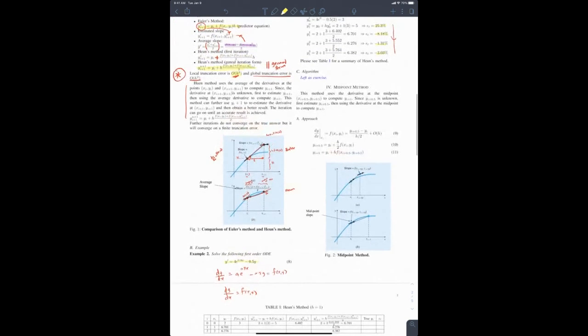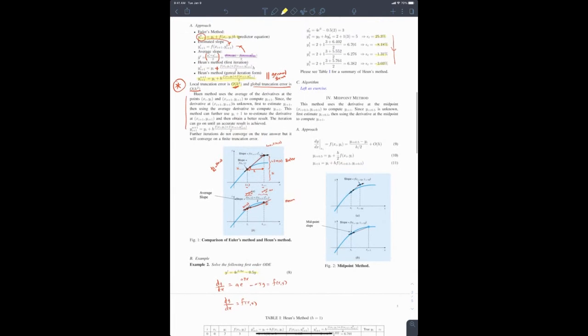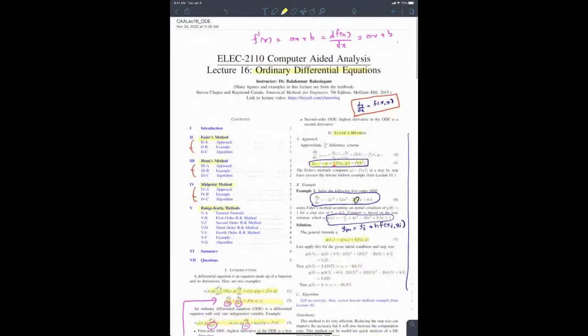You should always keep that in mind. But for this function, if you iterate infinitely many times, the error will go lower and lower, and it will reach 0. So that's a summary of Heun's method. So Euler's method, Heun's method.